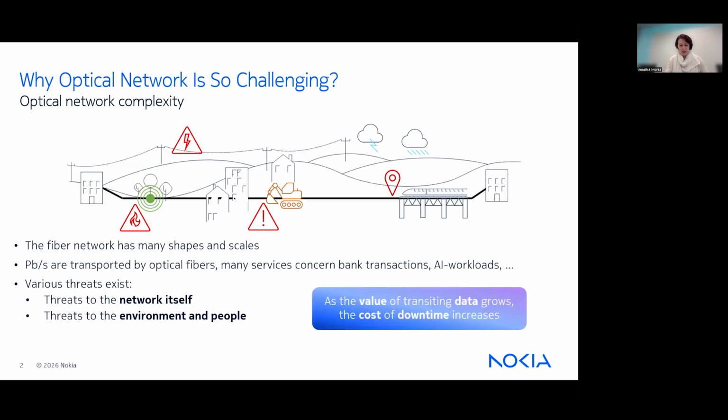So anyone can imagine that the loss of data, even a few seconds of downtime, means the loss of much data that may be associated with very sensitive services. From an operator's point of view, this translates into penalties, so operational cost. And it becomes so important to prevent the downtimes and so the loss of this sensitive traffic.